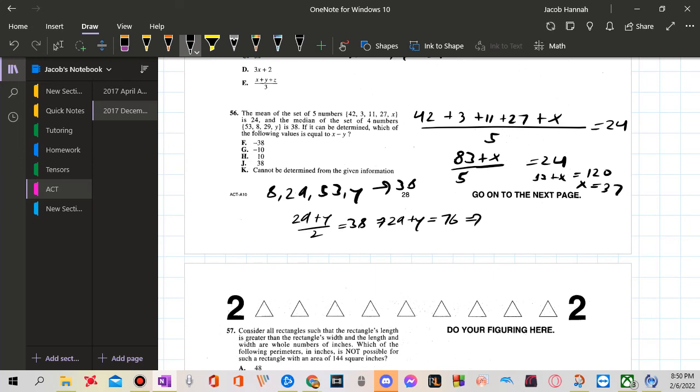So y equals 76 minus 29, that's 47. It's asking for x minus y, so x is 37, y is 47. 37 minus 47 is negative 10. That's G. Cool.